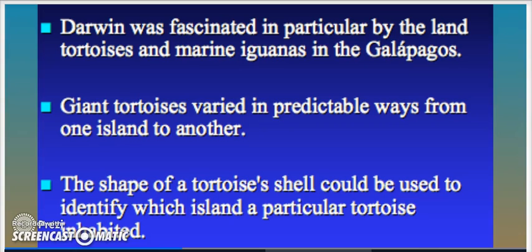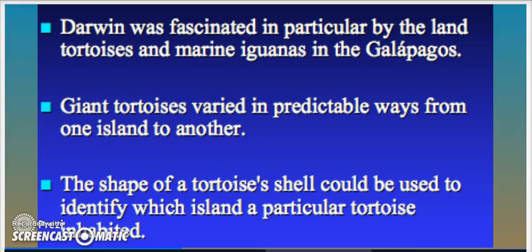In particular, Darwin was fascinated by two different species that he saw, the land tortoises and the marine iguanas. The tortoises really intrigued him because they varied in predictable ways from one island to the next.